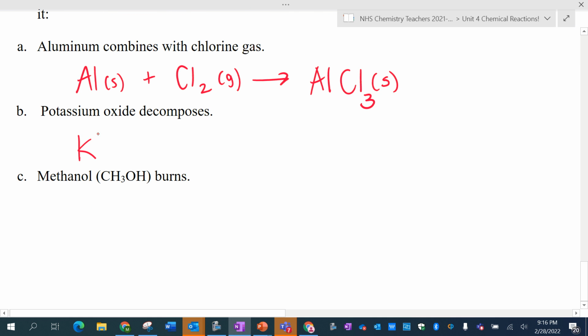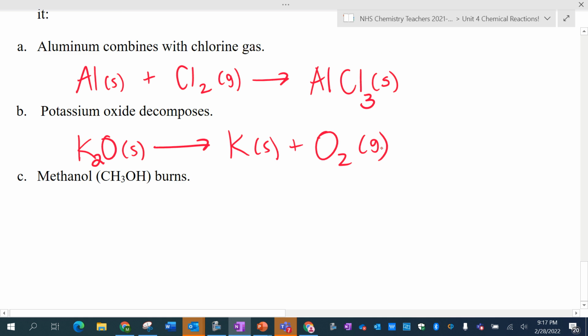Potassium oxide decomposes. Potassium's a +1, oxygen's a -2, so this would be K2O. And it would be a solid because it's ionic. And if it decomposes, that means it breaks apart into K plus O2.